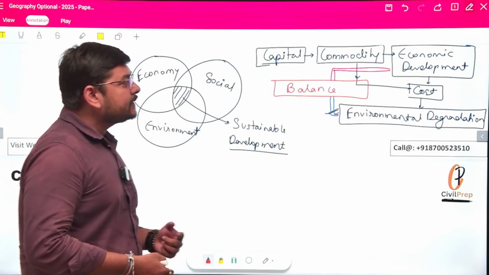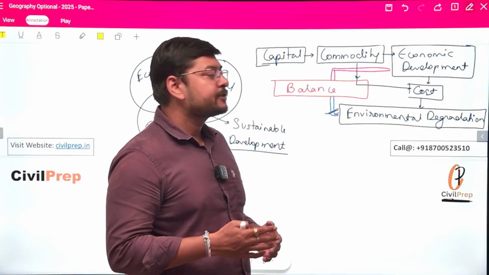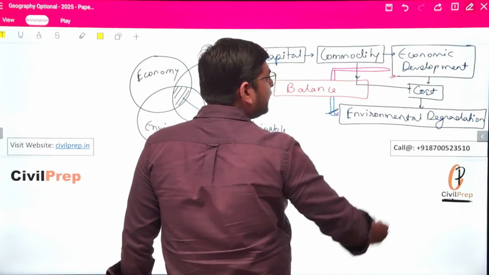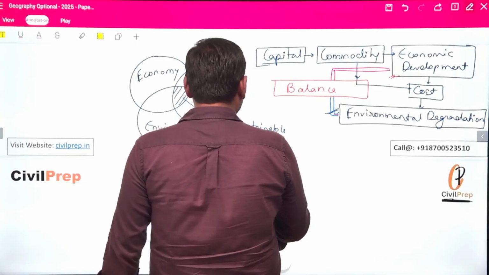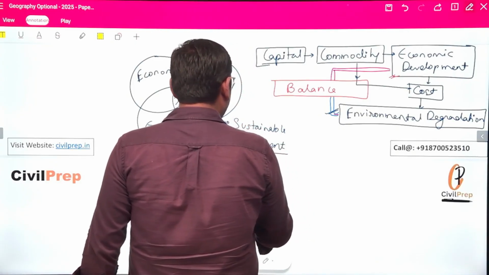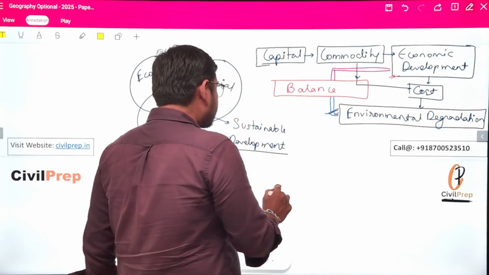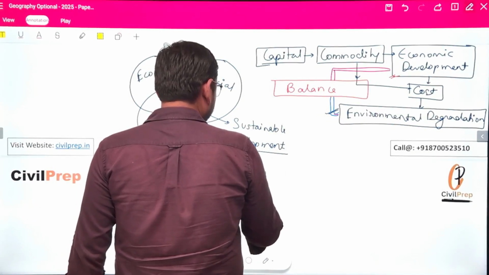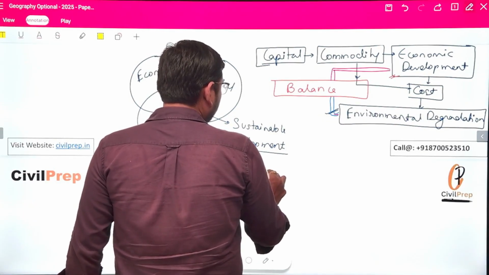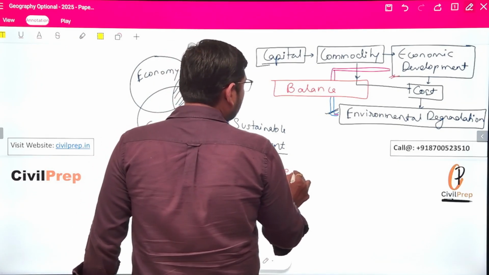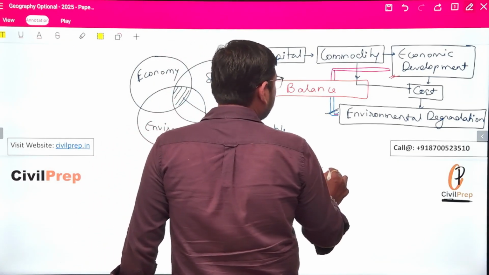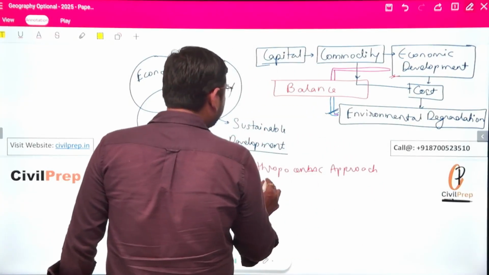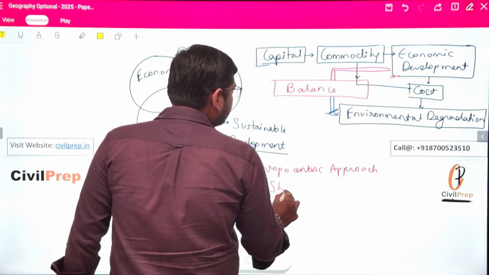Now, how can this balance be created? There were certain views with respect to that. When I take it from the economic development perspective, I have the anthropocentric approach, which we also call shallow ecology.